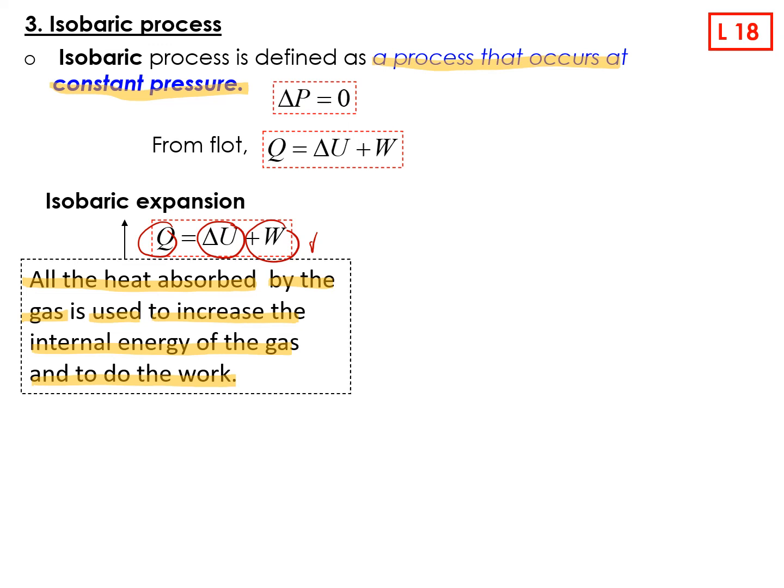So what is the meaning of the positive sign here? Q is positive when the heat is absorbed. ΔU is positive because in isobaric expansion there is a change in the internal energy of the gas, so the final internal energy is greater than the initial internal energy.